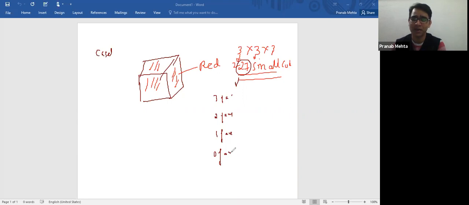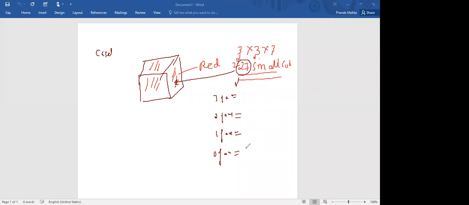After getting these 27 small cubes, which I've got after giving the cuts, I want to know how many of them will have 3 faces painted, 2 faces painted, 1 face painted and 0 face painted. Give a try. All of you have understood the question, am I right?